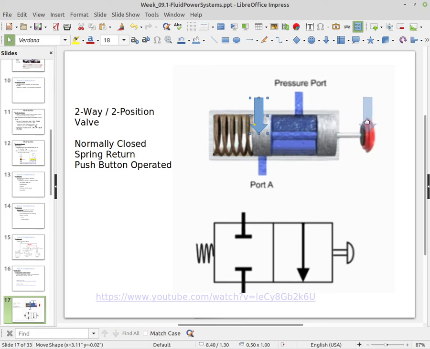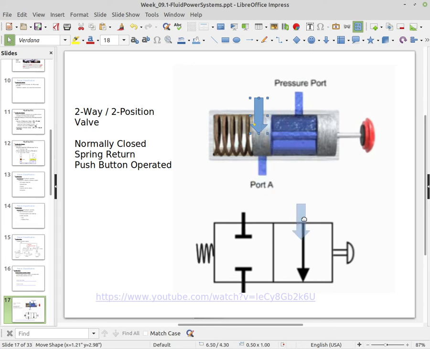With nobody pressing the handle, the spring is keeping this pushed over, and so there's no flow in through port A into the system. But when we press the red handle, that allows the pressurized fluid to flow through the valve and out port A.